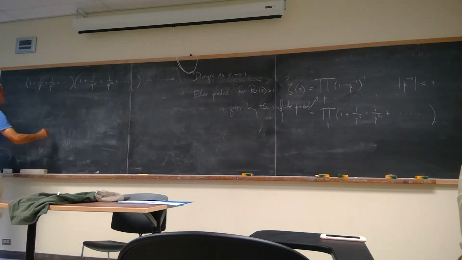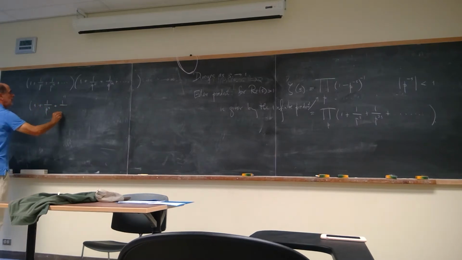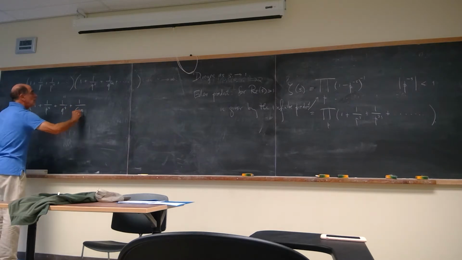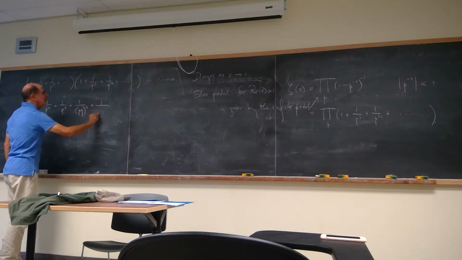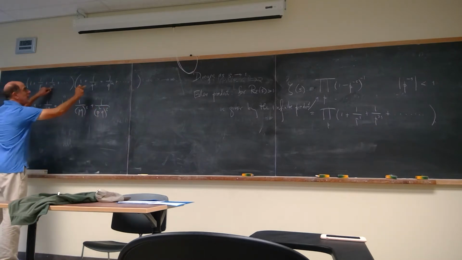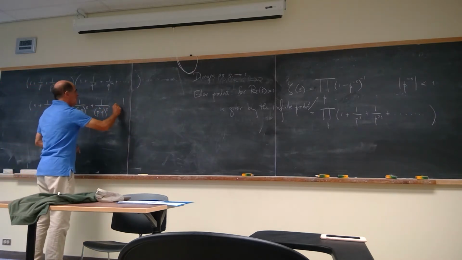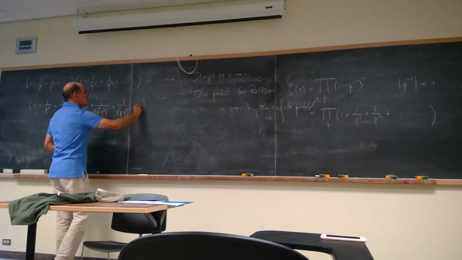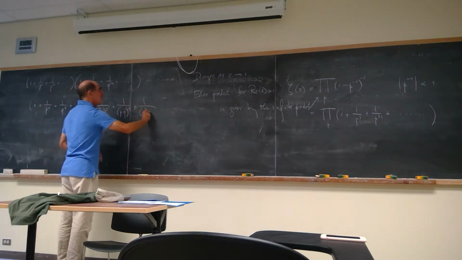It's absolutely convergent. So always for real part of s greater than 1, this is given by something like this: 1 over p to the s plus 1 over q to the s plus 1 over pq to the s plus 1 over p squared q to the s, etc. Namely, that would be this term times this term, plus 1 over pq squared to the s plus 1 over p squared q squared to the s.